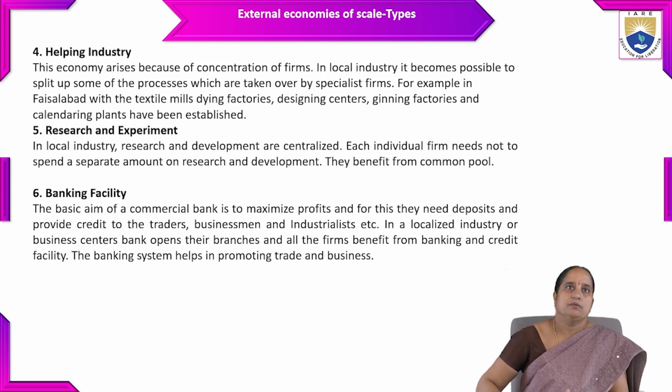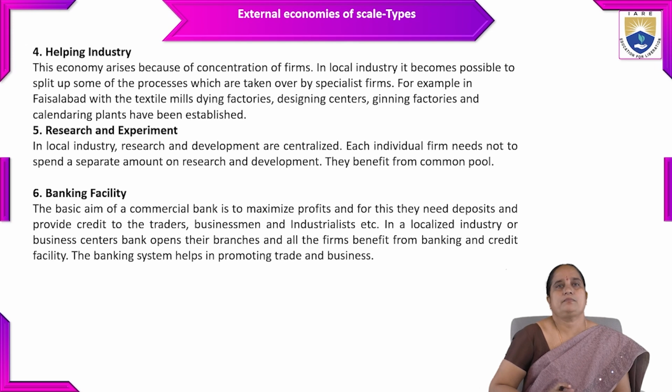Helping industry. This economy arises because of concentration of firms. In local industry, it becomes possible to split up some of the processes which are taken over by specialist firms. In Faisalabad, textile mills, dyeing factories, designing centers, ginning factories, and calendaring plants have been established.